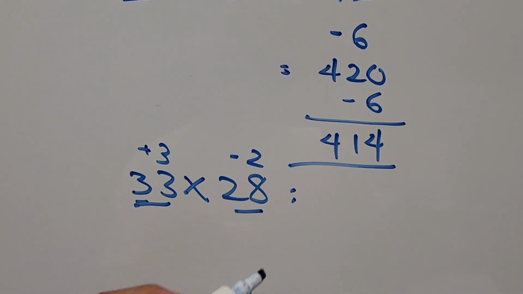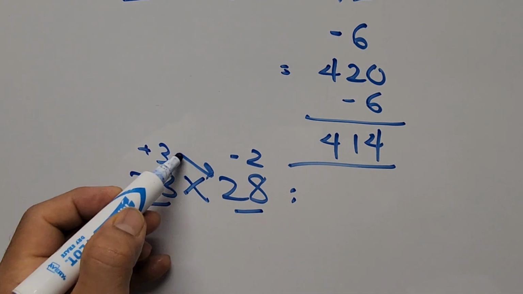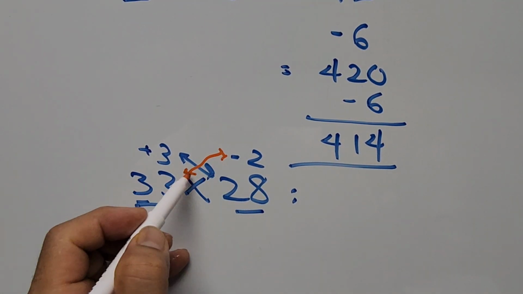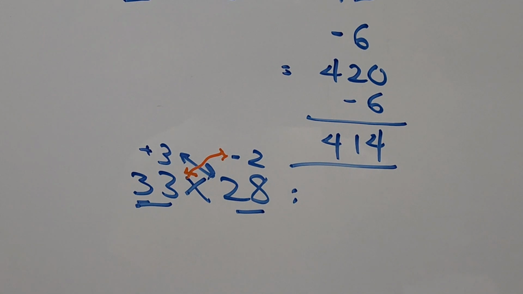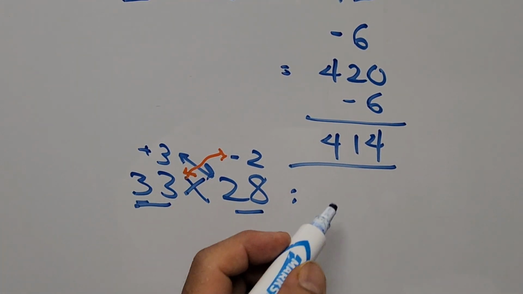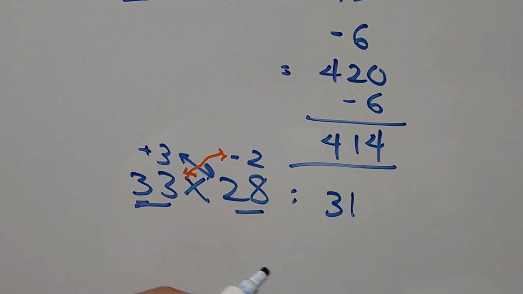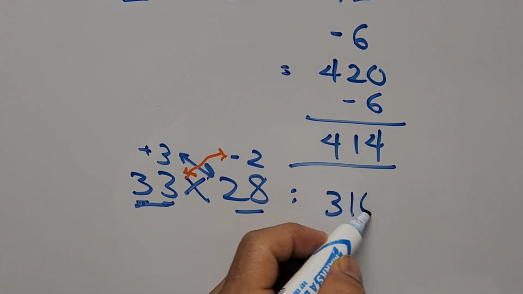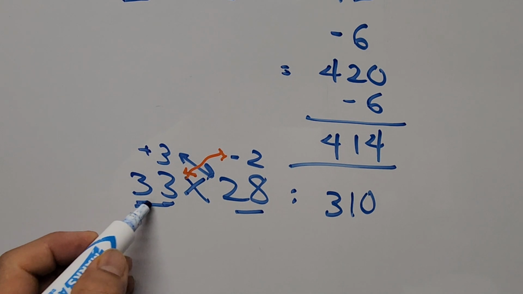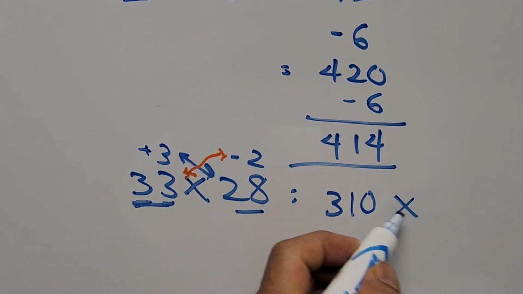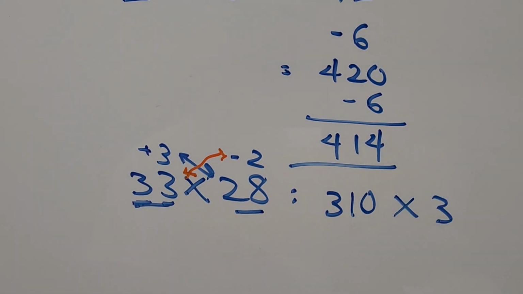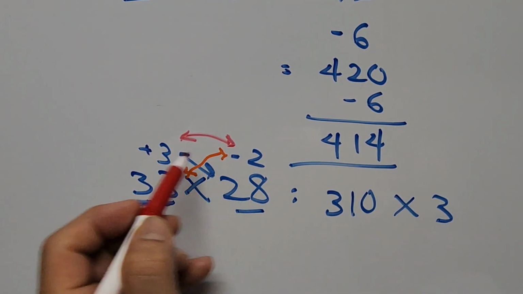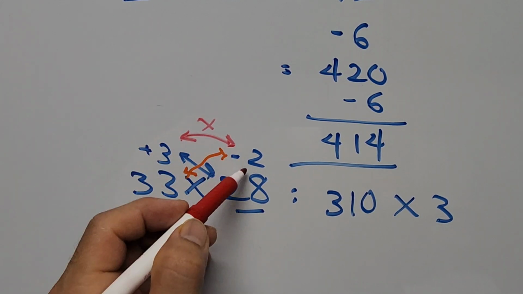The first part of our answer is we're adding these together. Adding 28 and 3, that is 31, right? Since this is a 2-digit number, multiply it by 10, so that is 310. And then this is base 30, so that means multiply this number by 3. And the second part of our answer is multiply these two numbers, right? So positive 3 times negative 2.